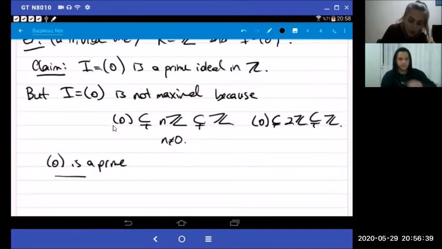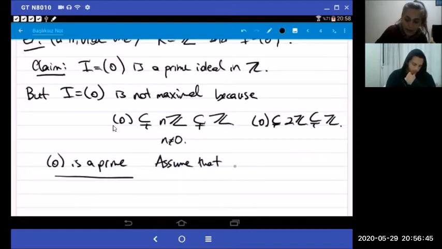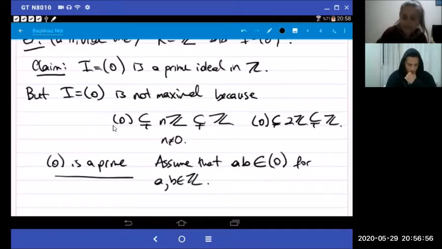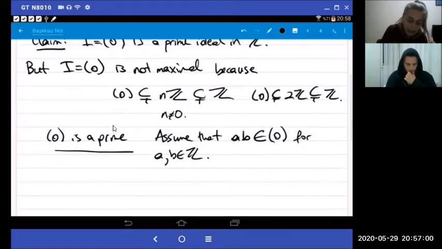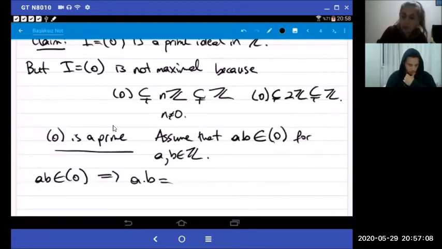Why is that so? Because let us assume that a times b lies in the ideal generated by zero for a and b in Z. Okay, a times b lies in this ideal means that you can write a times b as a multiple of zero, right?